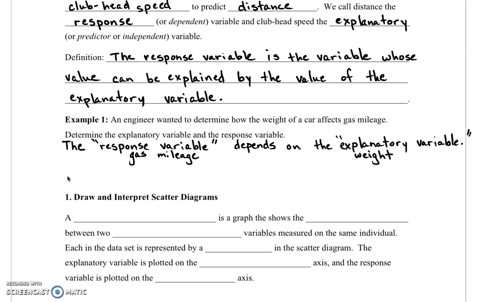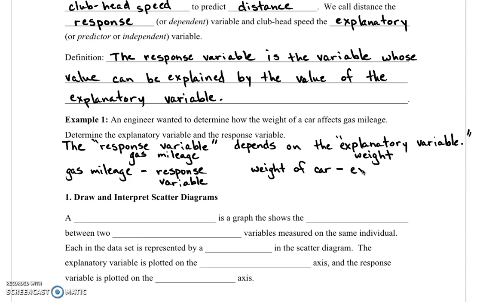So that means that our gas mileage is the response variable, and weight of the car is the explanatory variable.